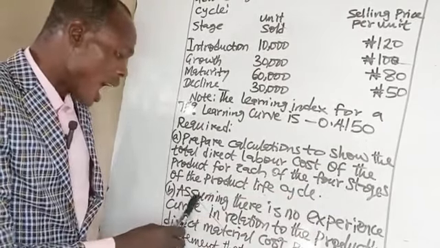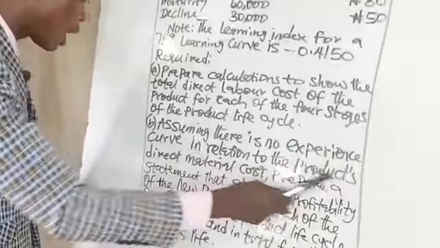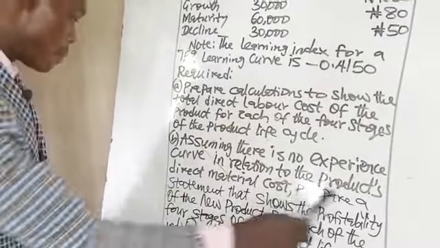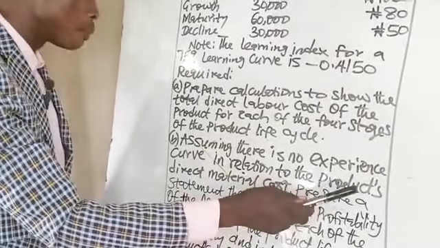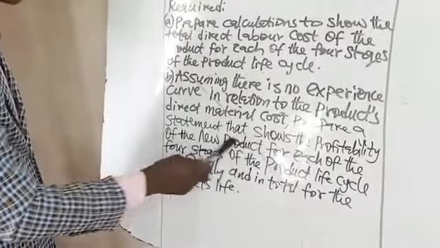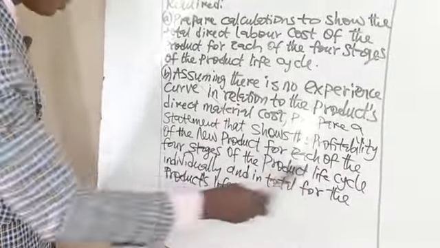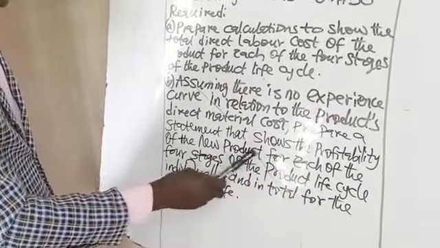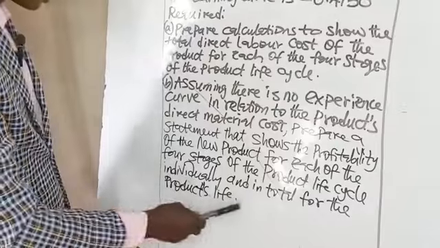B. Assuming there is no experience curve in relation to the product's direct material cost, prepare a statement that shows the profitability of the new product for each of the 4 stages of the product life cycle, individually and in total for the product life.